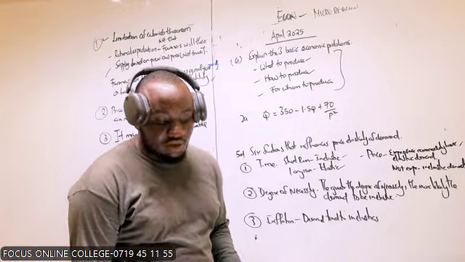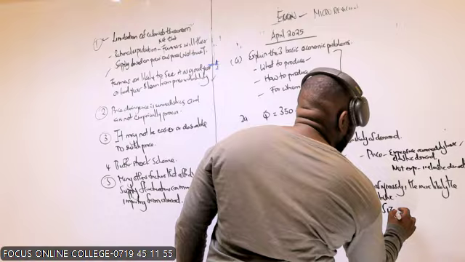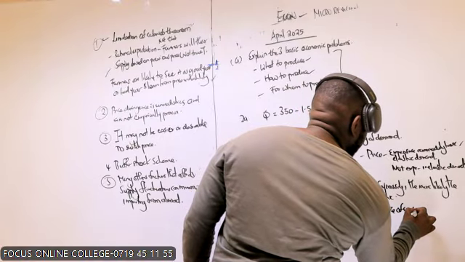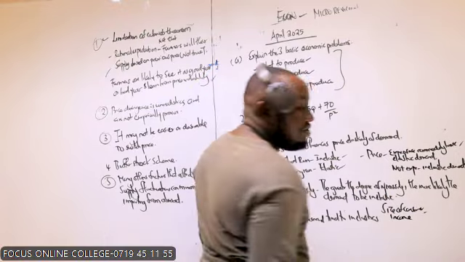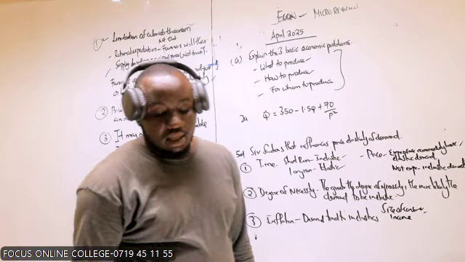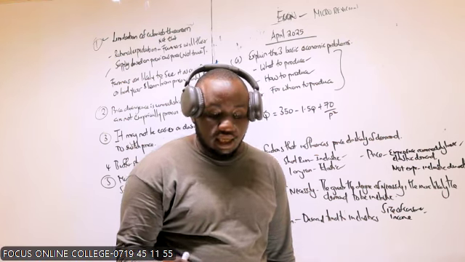Then we have the size of consumers' income. If you're poor, the poor will always have elastic demand because they're very price sensitive.